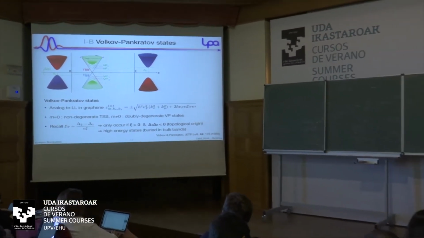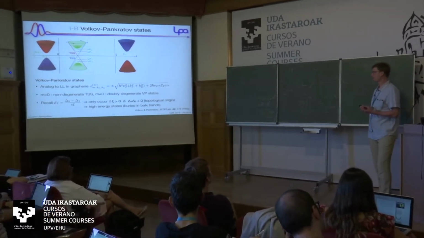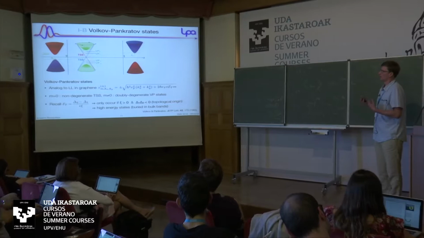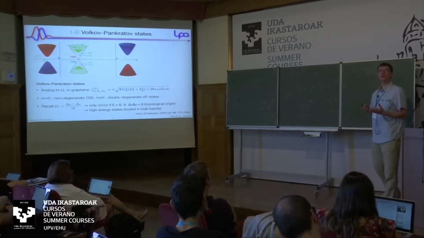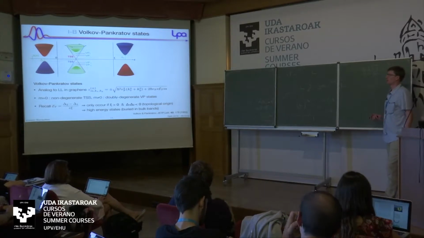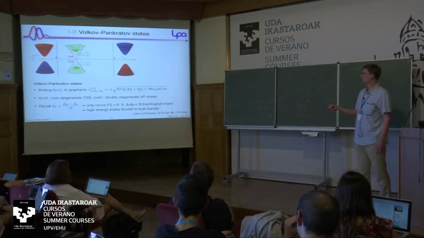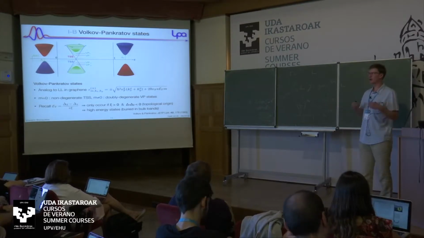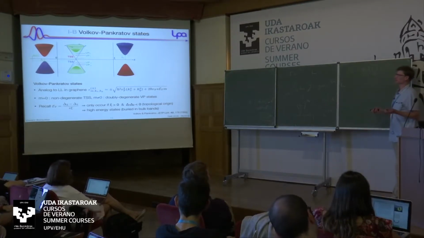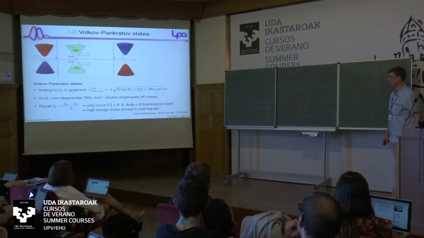Now you can ask yourself, is this of topological nature? What's the nature of these excited states? And in some way they are not topological because they are doubly degenerate. They are not protected against backscattering in the same way as the topological surface states are.